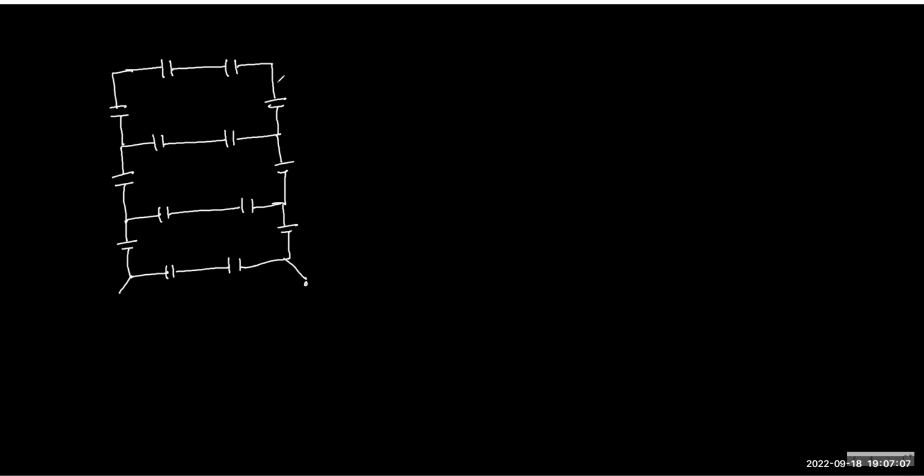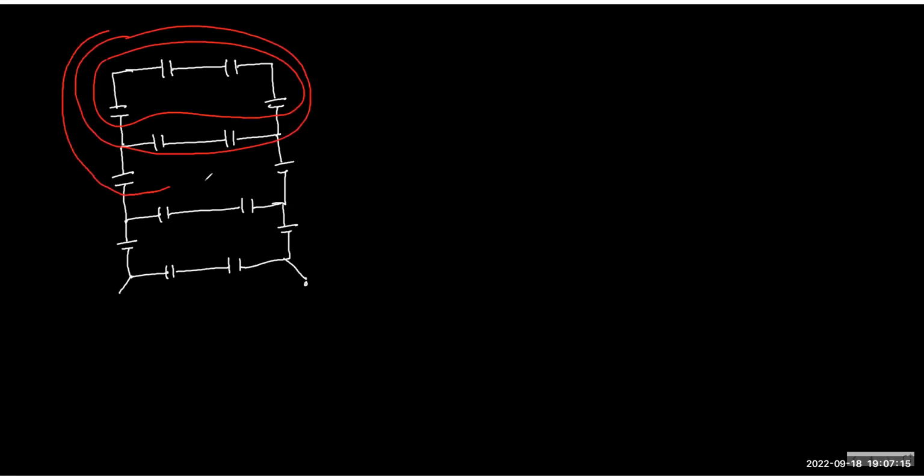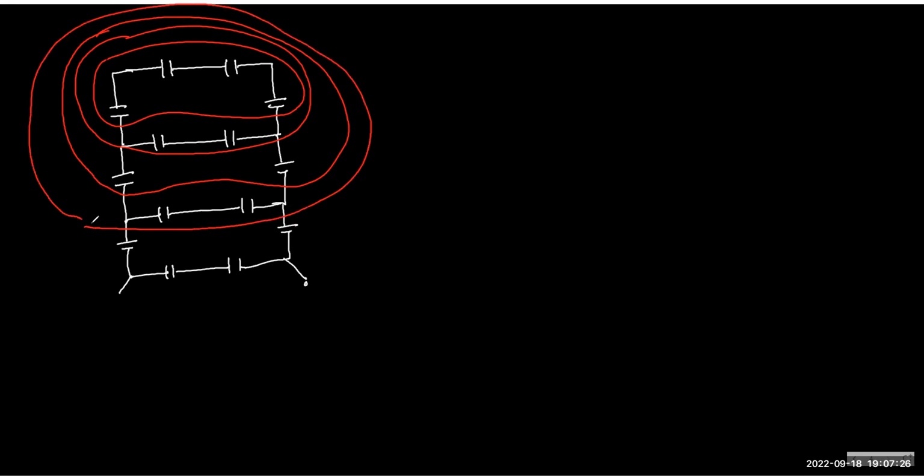So you can reduce from top, right? You can reduce this first, then reduce this, then reduce this, then reduce this part. And then reduce the last part.